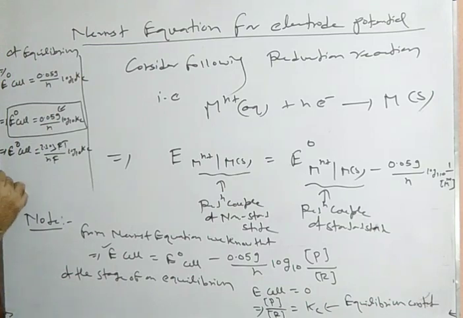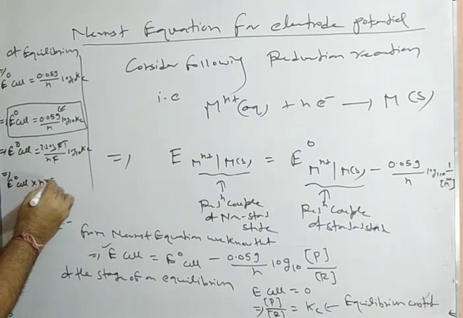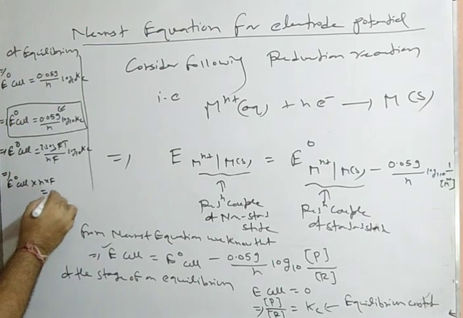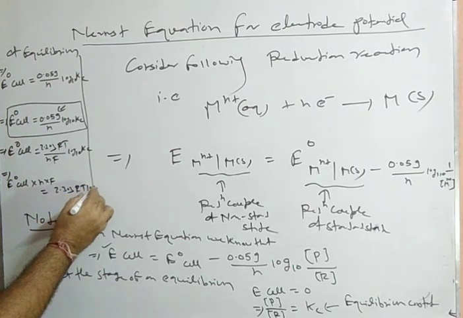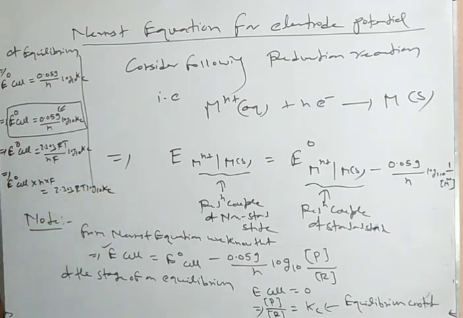So we can write E naught cell into n into F is equal to 2.303 RT log base 10 Kc.